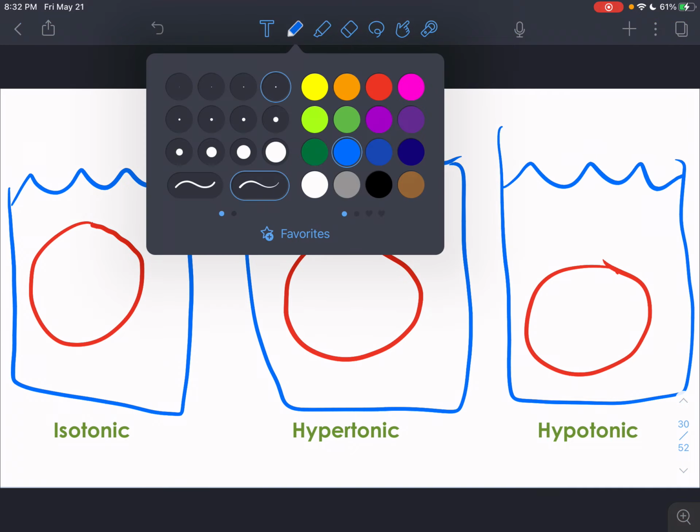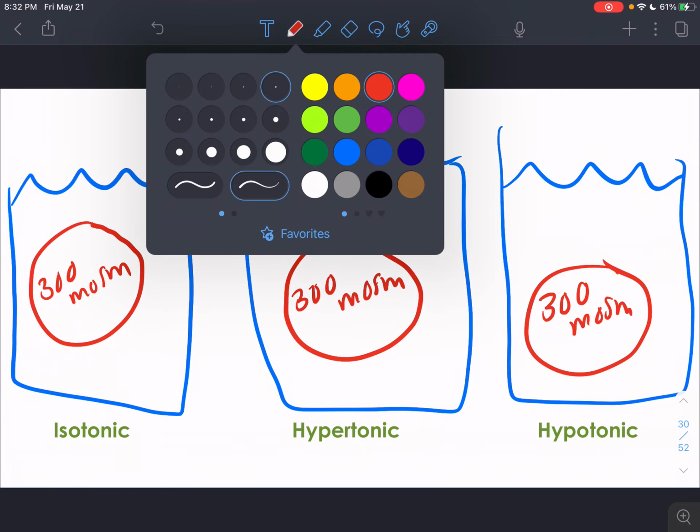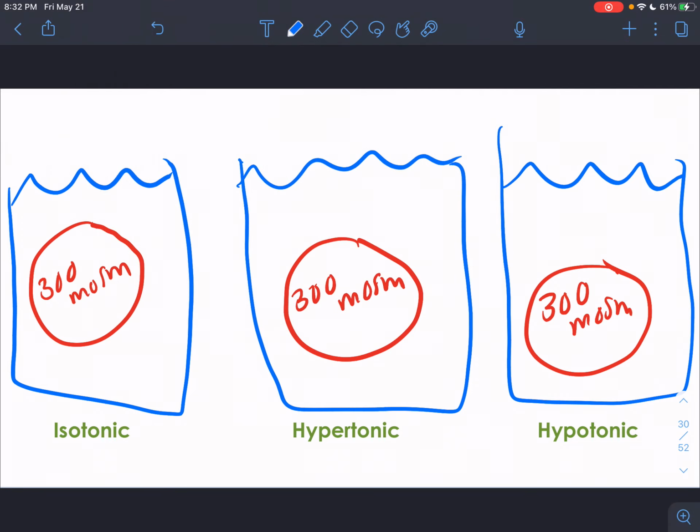Okay, the internal concentration of our blood cells is 300 milliosmol. So that's not going to change. But we can have solutions surrounding the blood that either have a greater concentration, a lower concentration, or the same concentration, right? So in an isotonic solution, our concentrations are the same.